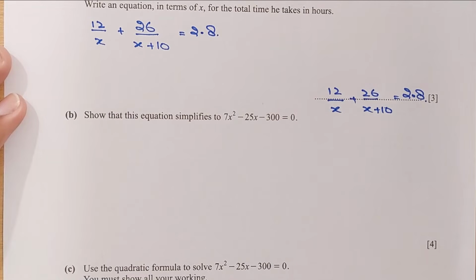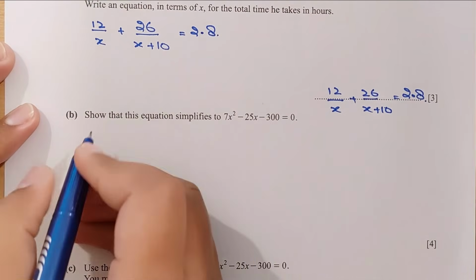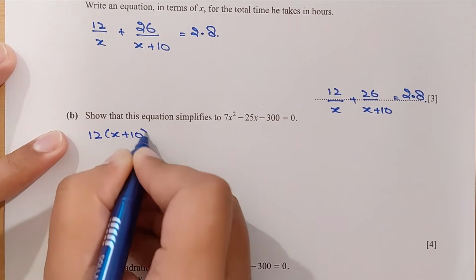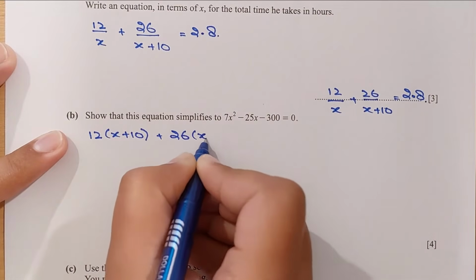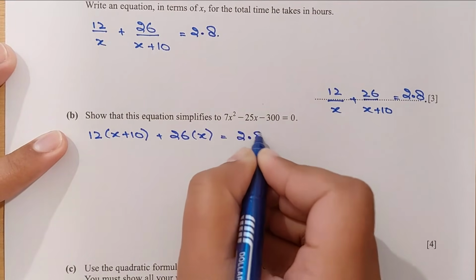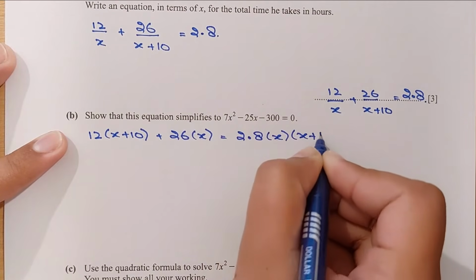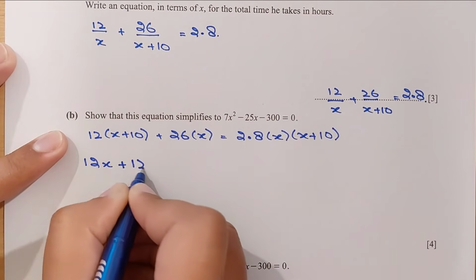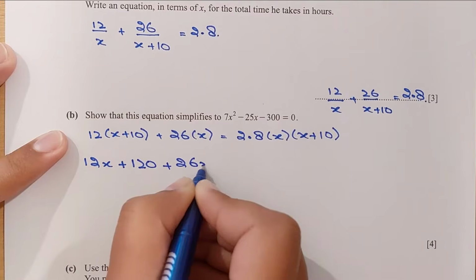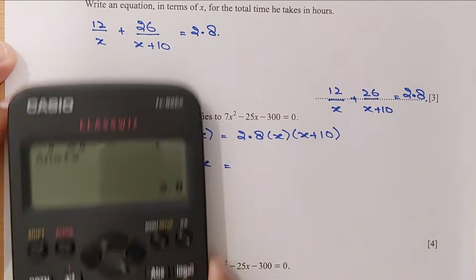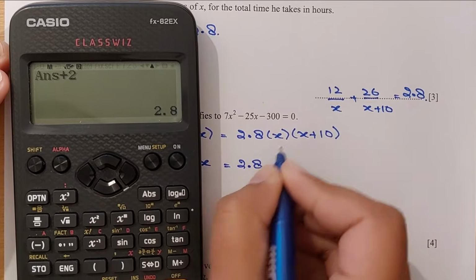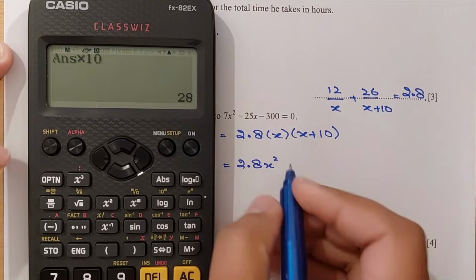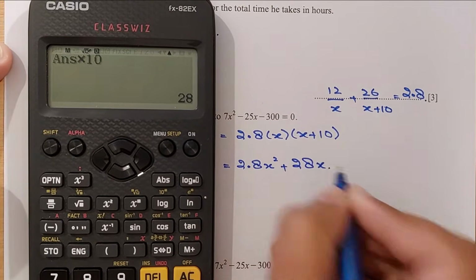Now for part B, show that this equation simplifies to this. The cross multiplication, first we need to take the LCM. So 12 is multiplying with x plus 10 and 26 is multiplying with x, and 2.8 is multiplying with x and x plus 10, right? So here we have 12x plus 120 plus 26x equals 2.8, x times x is x square, and 2.8x times 10, 2.8 times 10 is 28x, right?